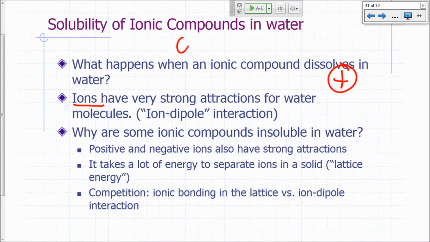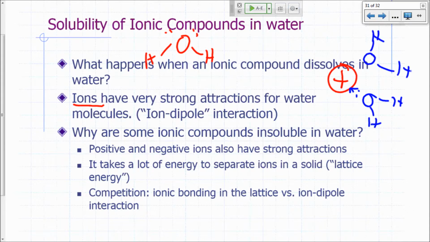The oxygen end or the hydrogen end? The oxygen. So an oxygen here would be attracted to that, right? So that is what we would call an ion-dipole interaction. The ion is attracted to your water molecule, which is a dipole, polar molecule.